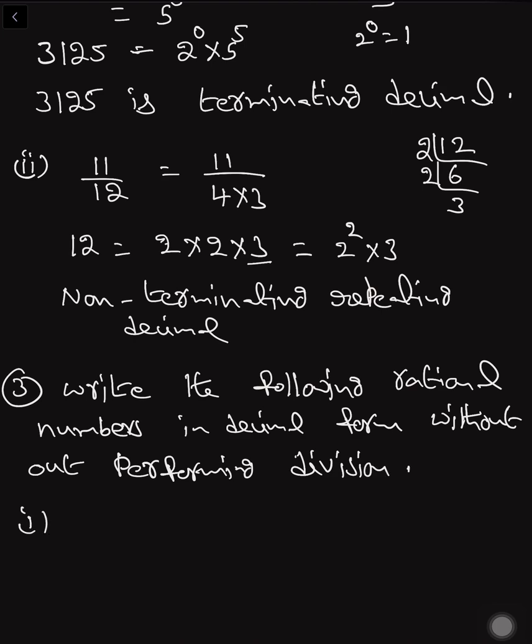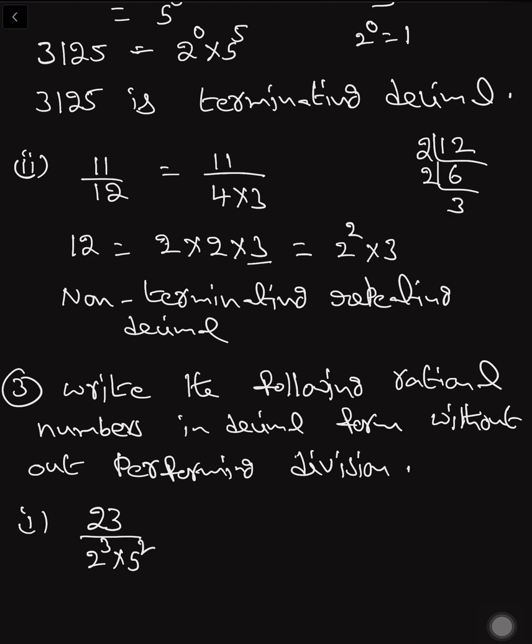First problem: 23 by 2 cube into 5 square.